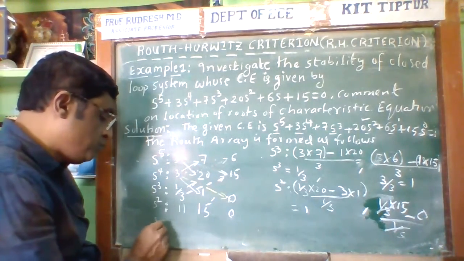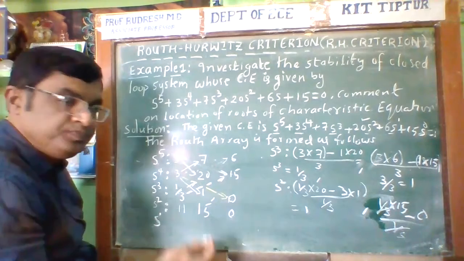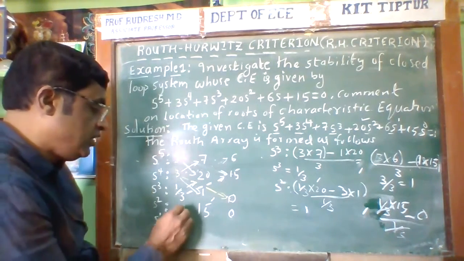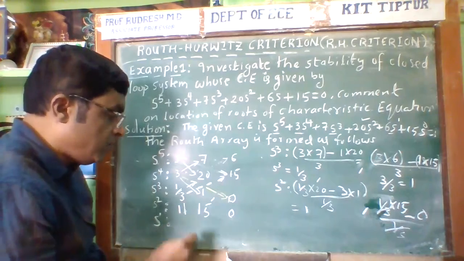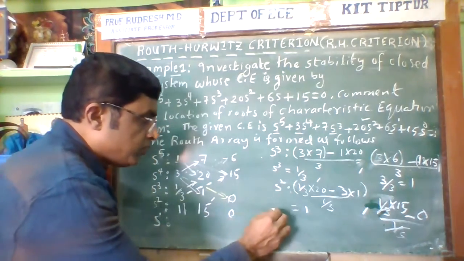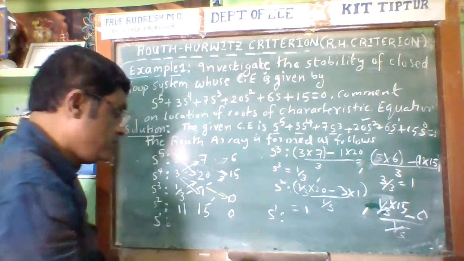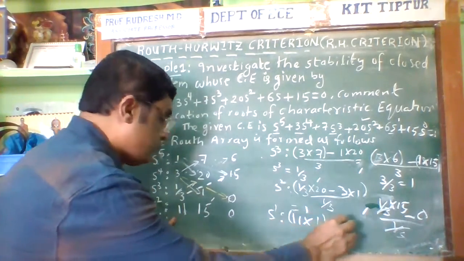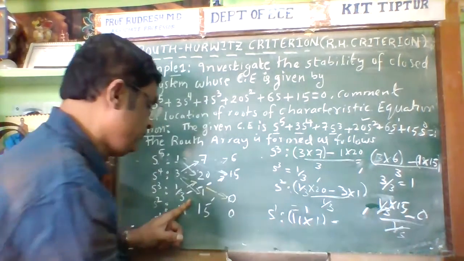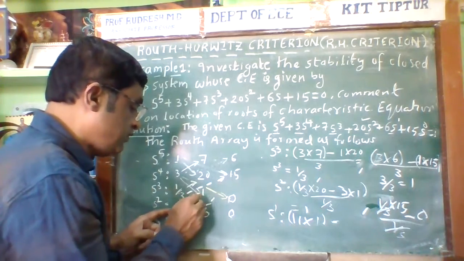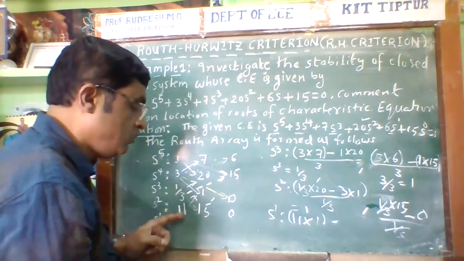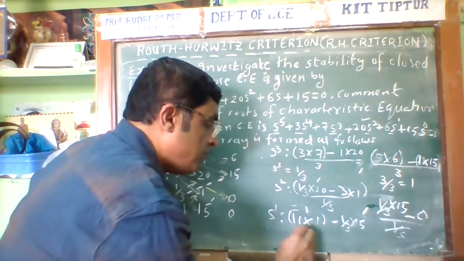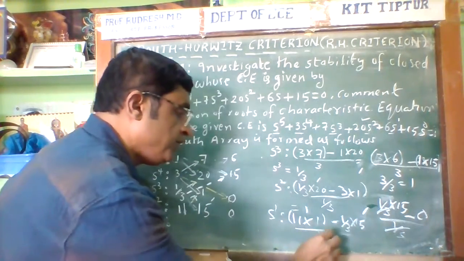Now the S power 1 row. The element of the S power 1 row is equal to 11 into 1 minus 1 by 3 into 11 into 1, divided by 11 into 1 by 3 into 50, divided by 11.